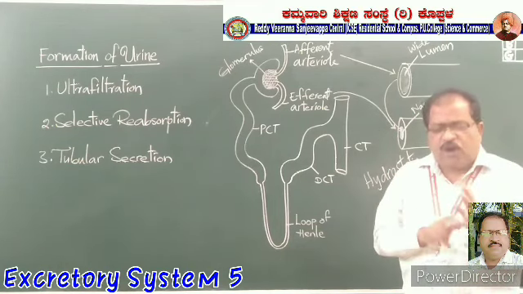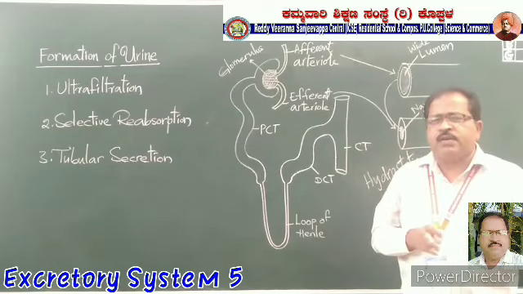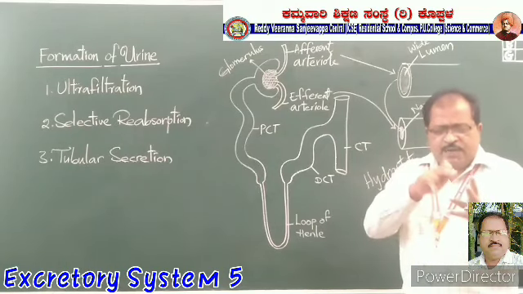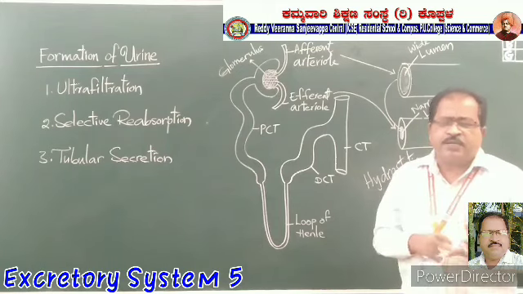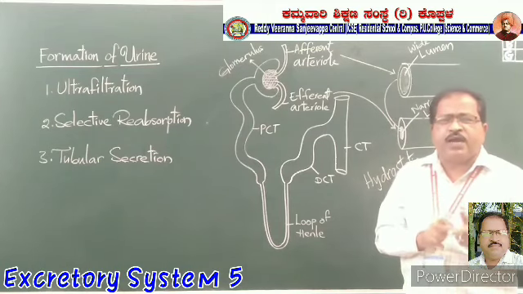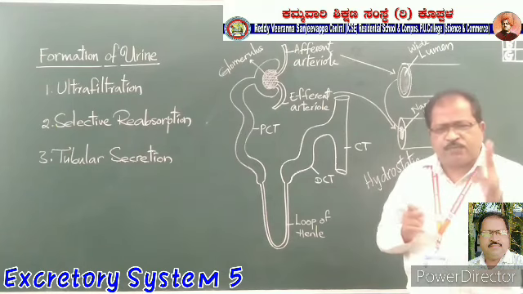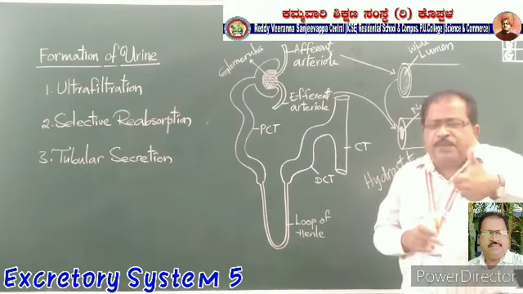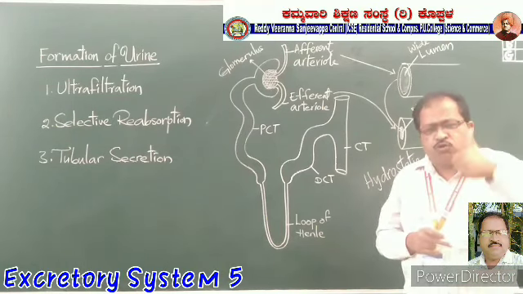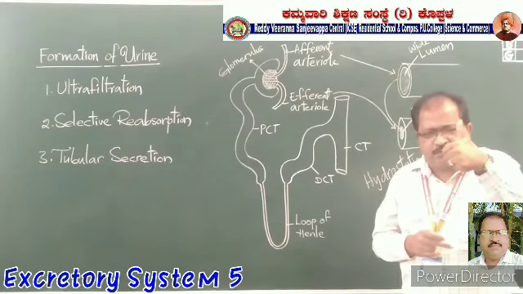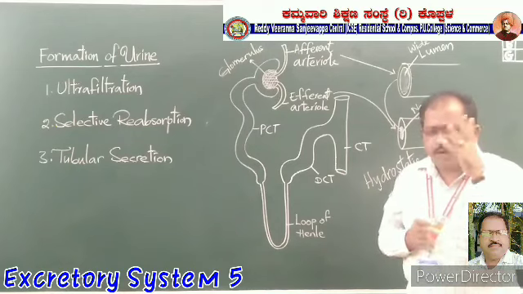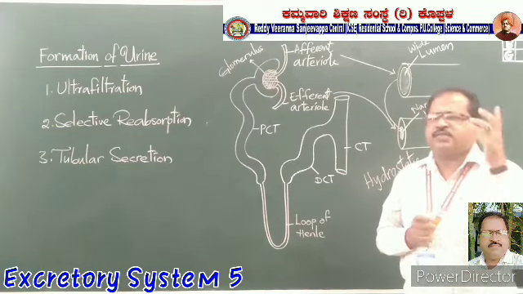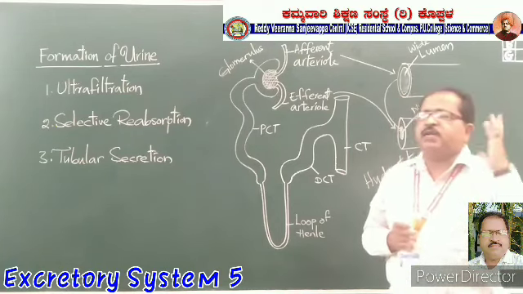For that, the excess water should be removed from the blood, and the excess glucose, and waste materials like urea and uric acid, and the bile pigments should be separated from the blood, and also some traces of vitamins and minerals.